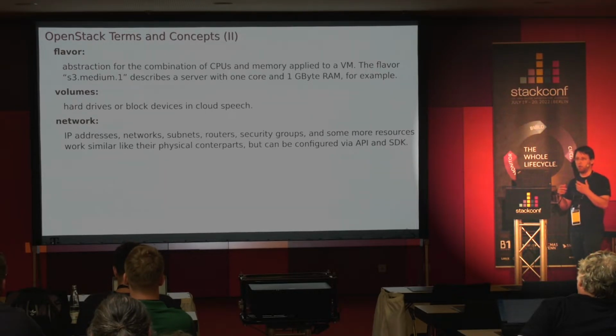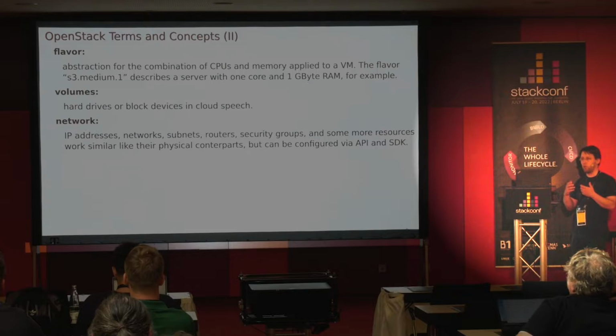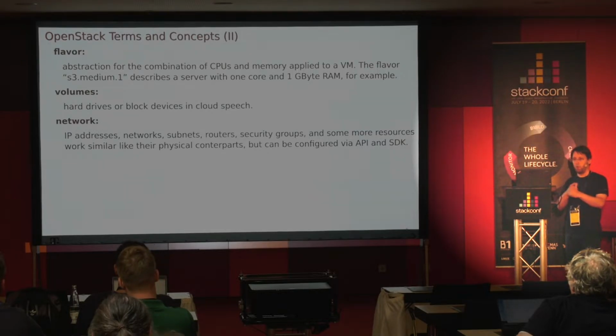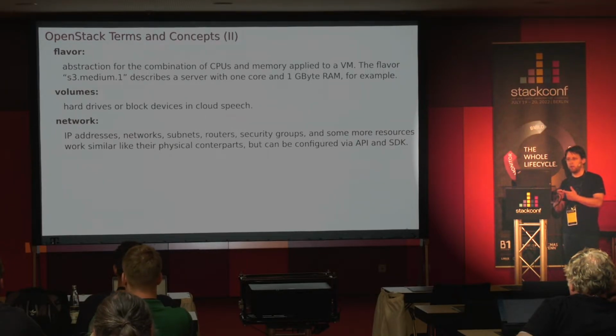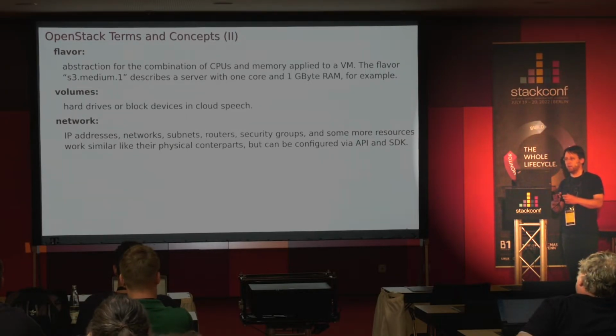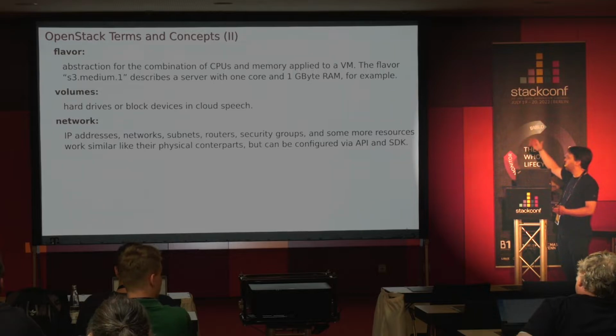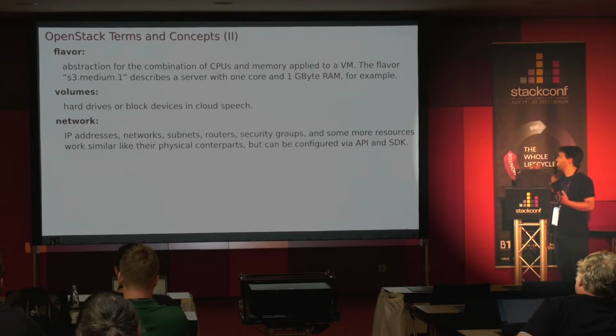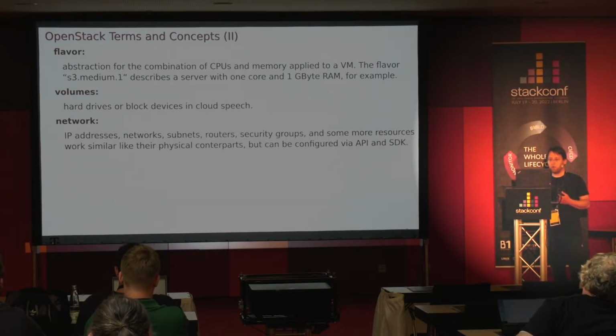Flavors are usually an abstraction of both the number of CPU cores as well as the amount of memory that comes pre-configured in an ECS instance. So for example, something like S3 medium.1 is one of our flavors for a virtual server with 1 core and 1 gigabyte of RAM. Volumes are hard drives.